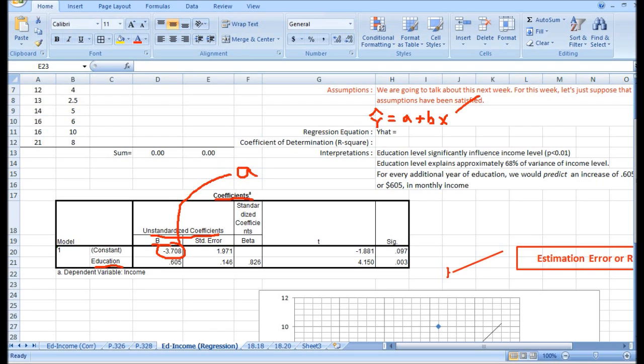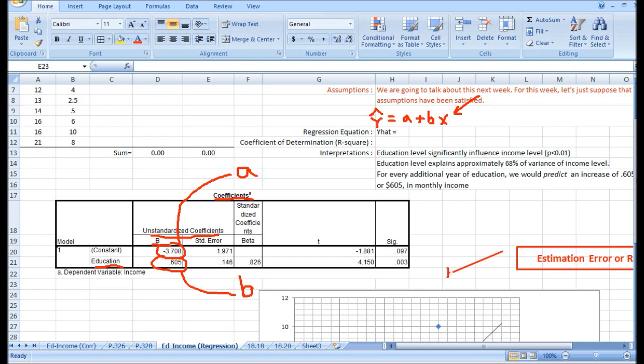Independent variable x, the coefficient of x, am I right? Which is 0.605. That's the slope of the regression line. That's B.